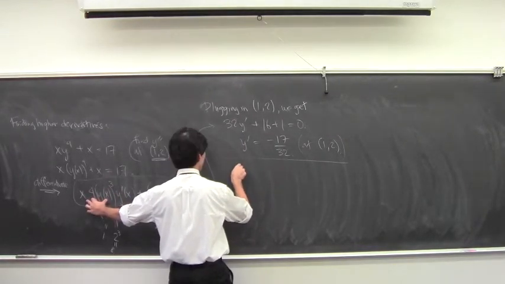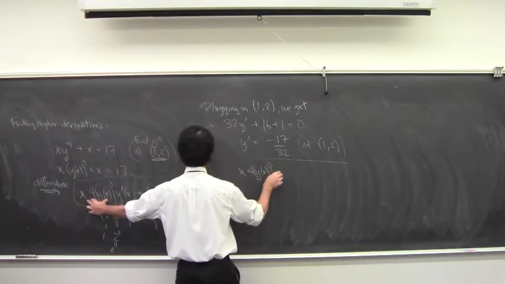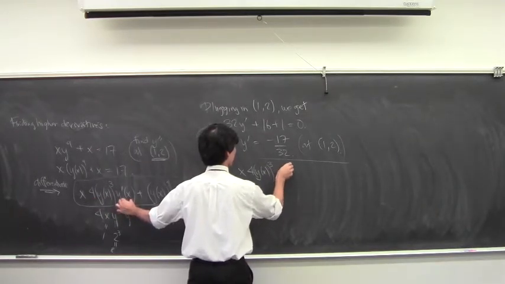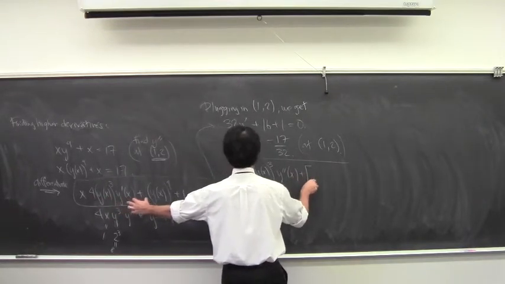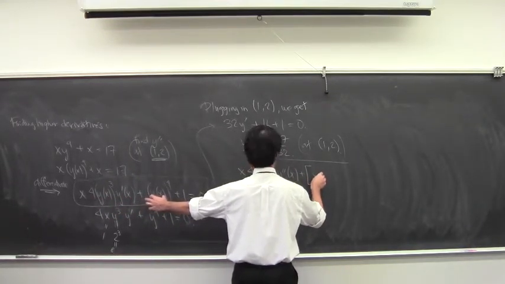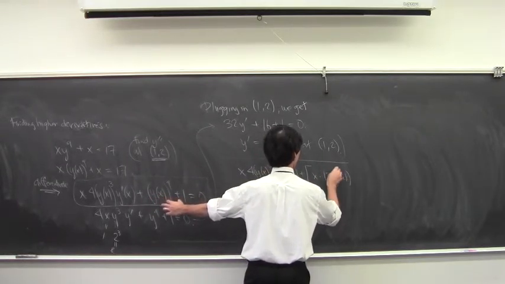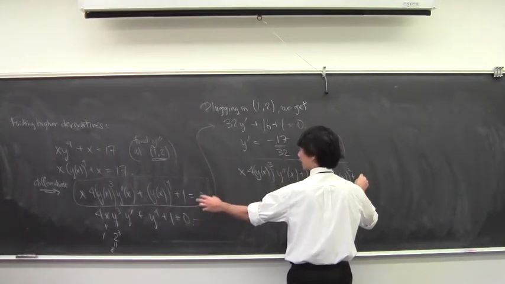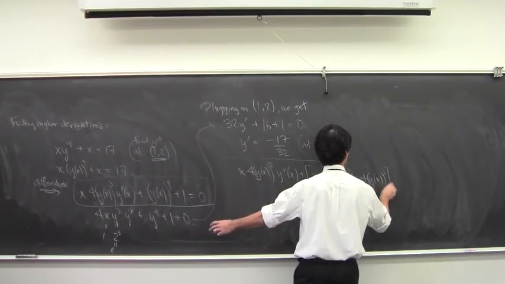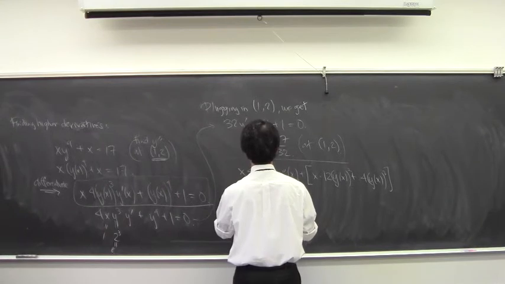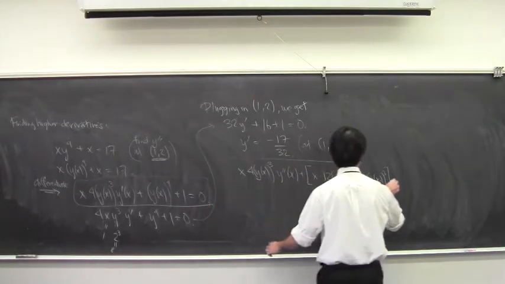So you take the first guy times the derivative of the second guy, plus the derivative of the first guy times the second guy.